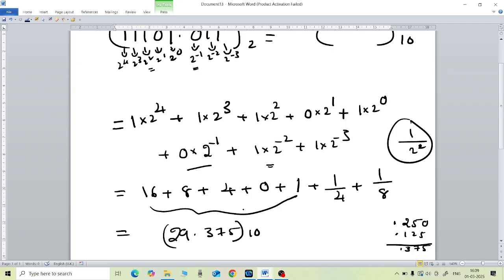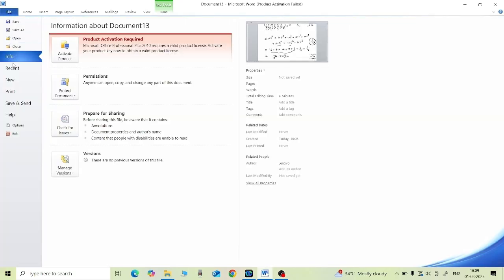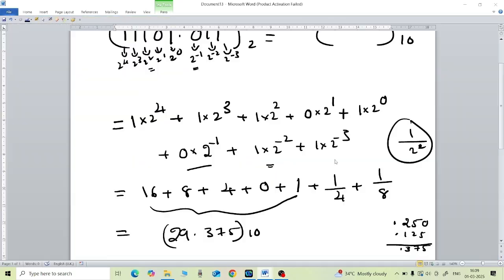We will see one more example: 110.101 is to be converted to decimal.